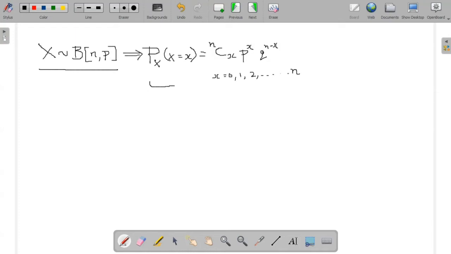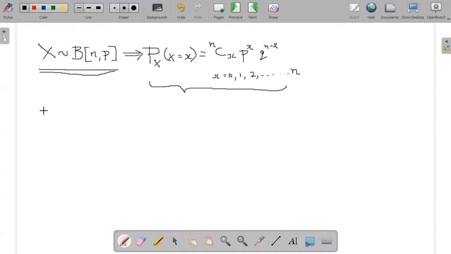So instead of giving this PMF in the question, the examiner may simply use this representation itself. Instead of giving this whole PMF, the examiner may use this representation in the question.